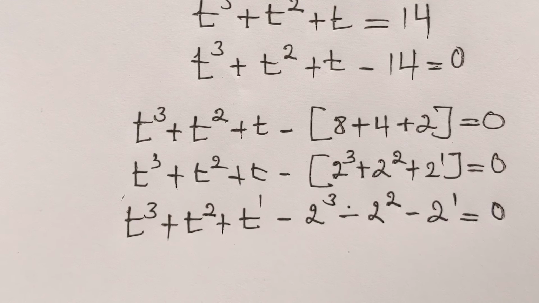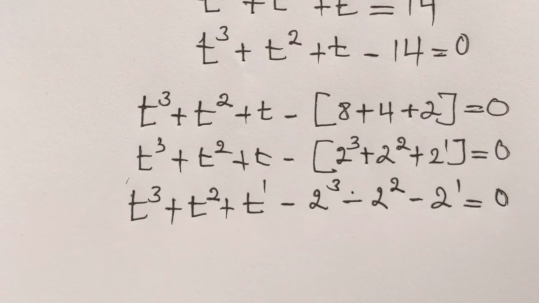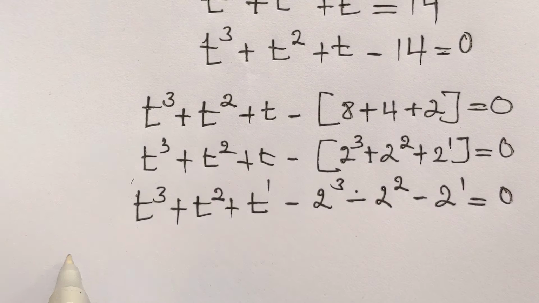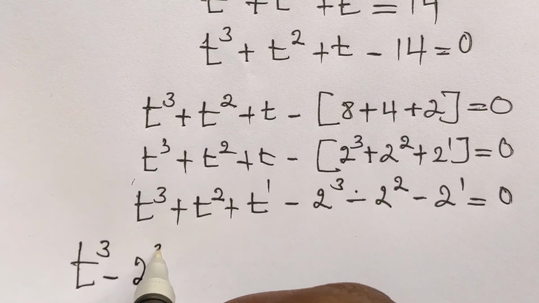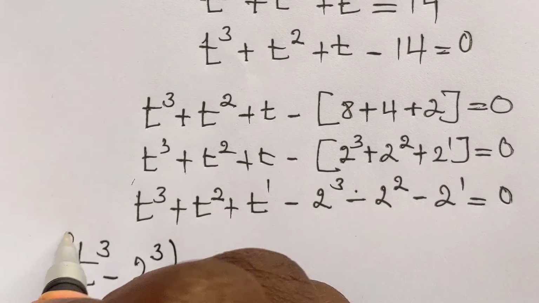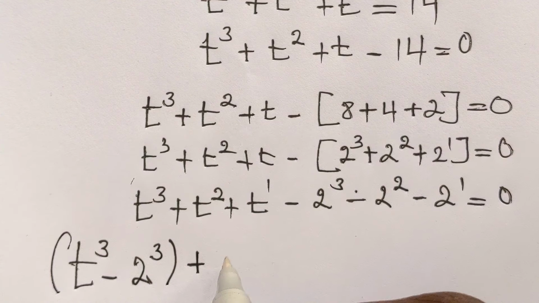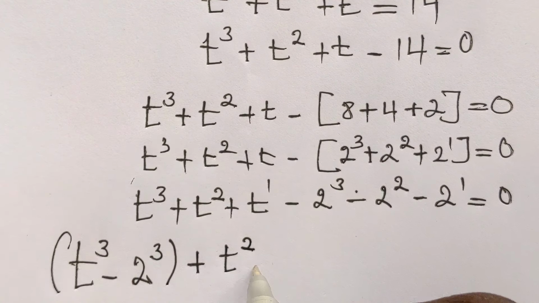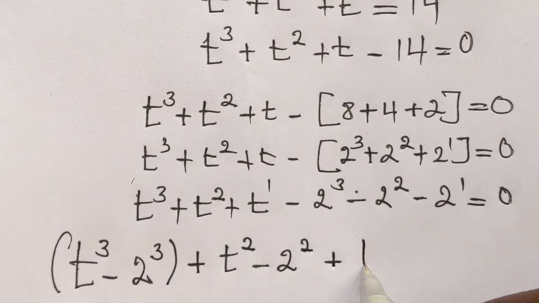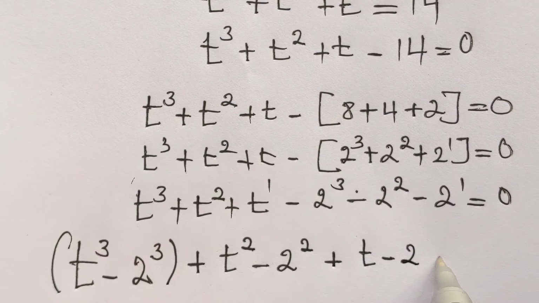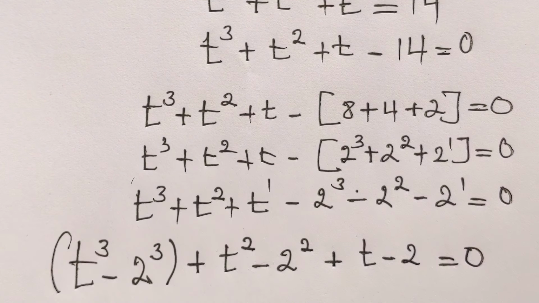So we shall group like terms to get right here t power 3 minus 2 power 3 plus t squared minus 2 squared plus t minus 2 will be 0.